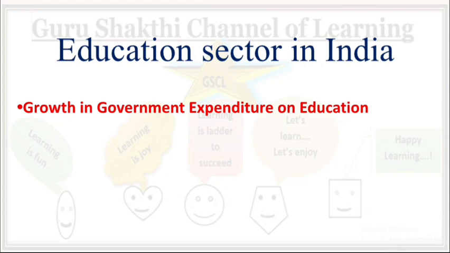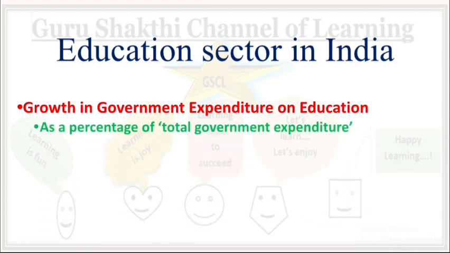Spending on education is expressed either in terms of percentage of total government expenditure, that is, out of all the expenditures of the government on various things such as infrastructure, health, environment, national security, and various other things, what is the percent of the amount that is spent on education?